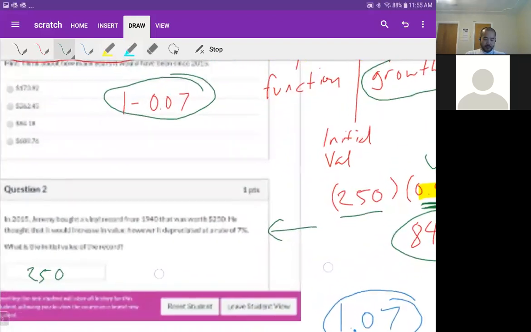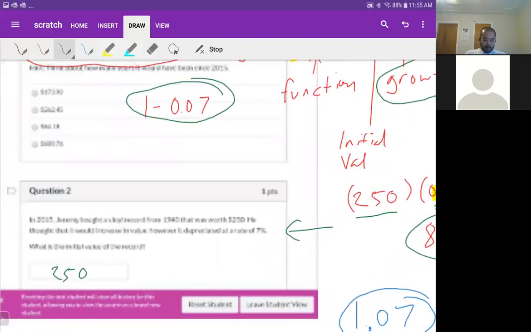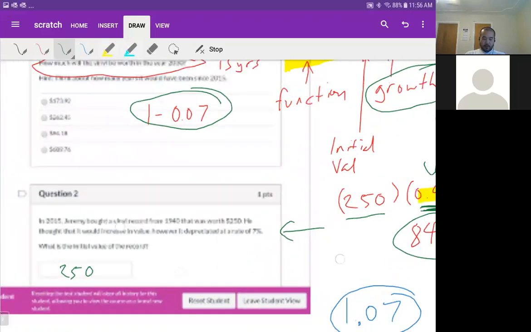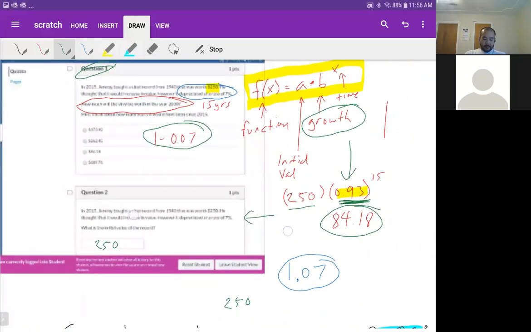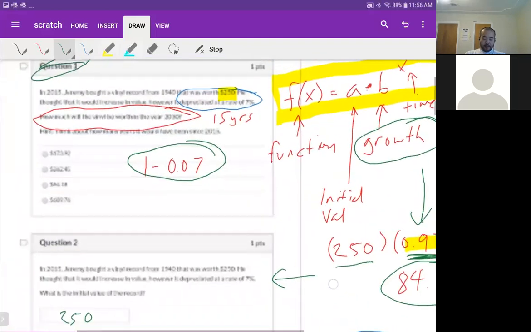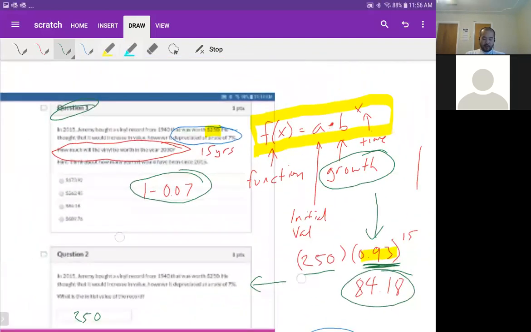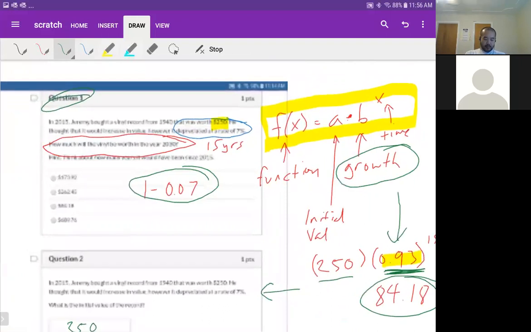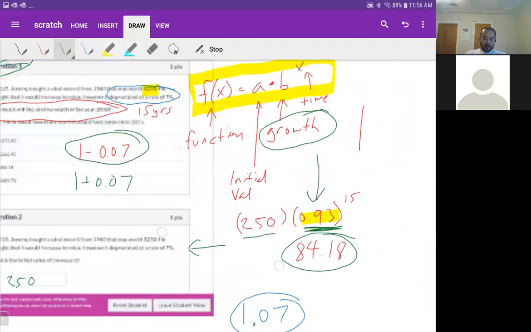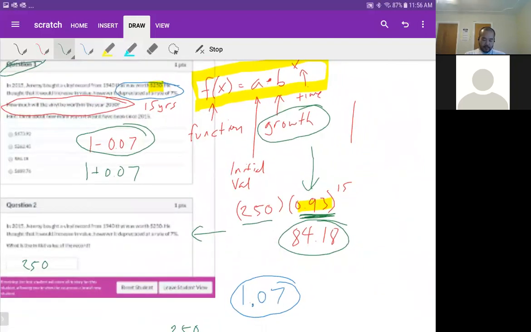Number 2, I just wanted you to read it. It was worth 250 when you first bought it, so the initial value is 250. Pretty straightforward. If you have a question similar to this, but it's appreciation where it increases, instead of doing 1 minus 0.07, if it increases by 7%, you do 1 plus 0.07. This right here is decay.